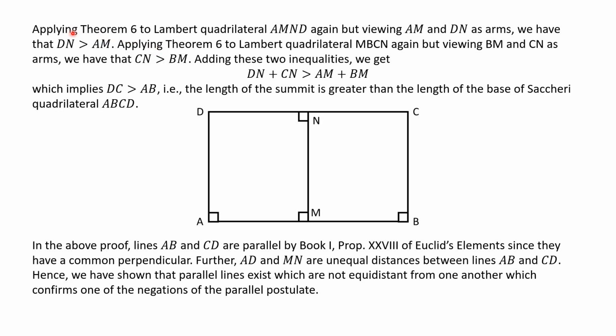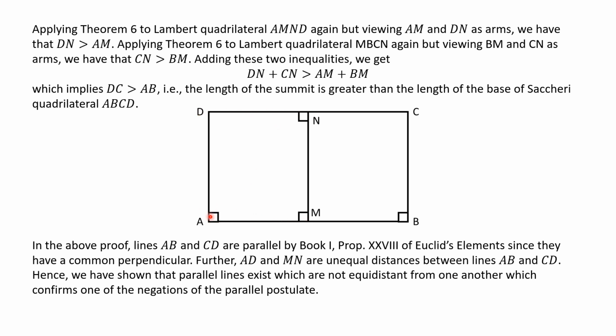To complete the theorem, we apply Theorem 6 to Lambert quadrilateral AMND as before, except now we're going to look at MN as the base and AD as the summit of the Lambert quadrilateral, and then we'd have this leg here DN and this leg here AM.